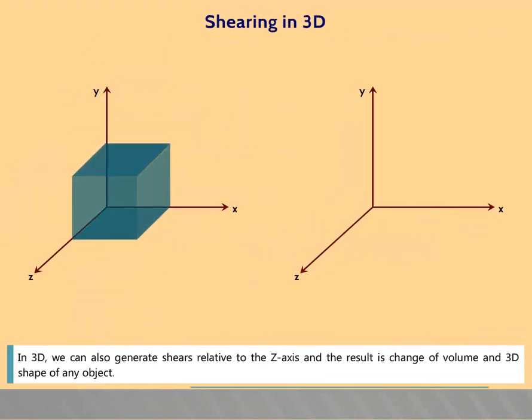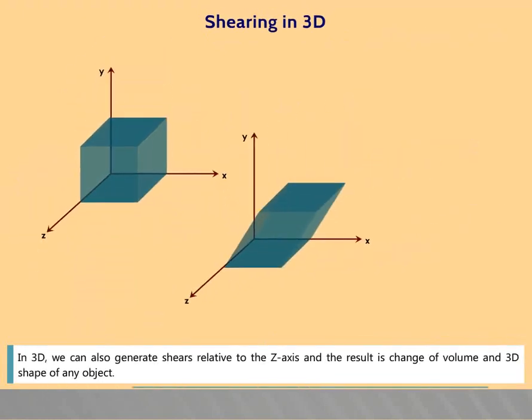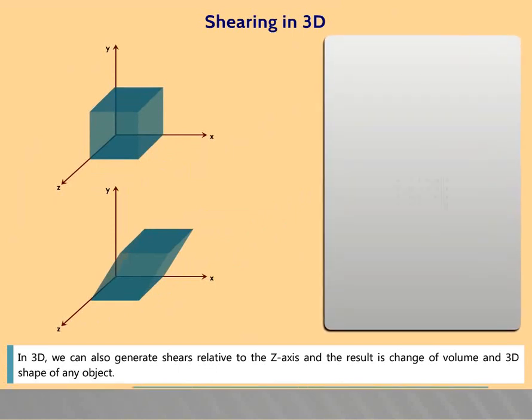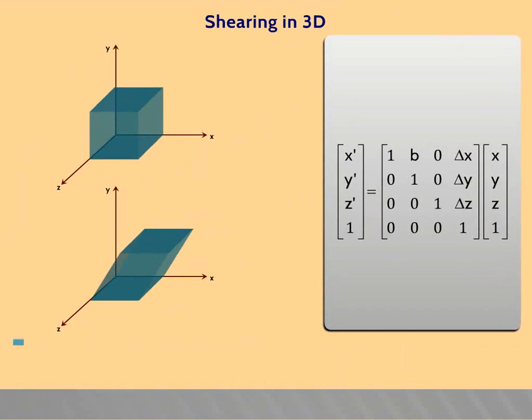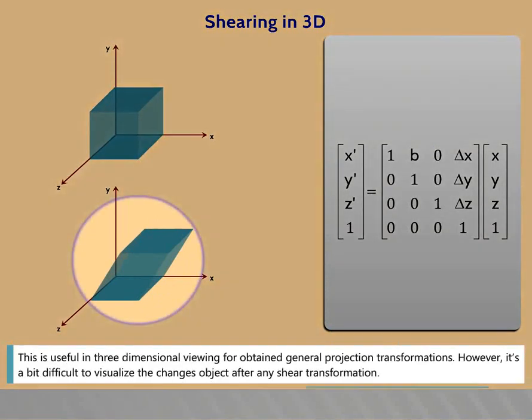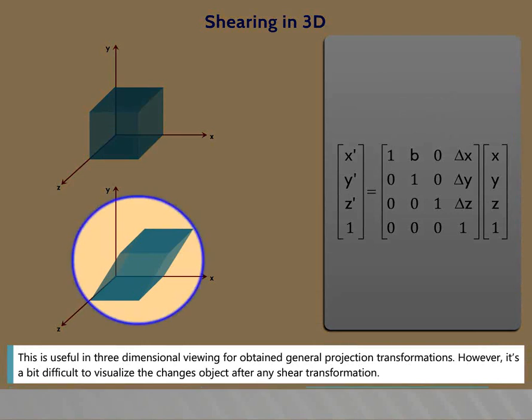In 3D, we can also generate shears relative to the z-axis, and the result is a change of volume and 3D shape of any object. This is useful in three-dimensional viewing for obtaining general projection transformations. However, it is a bit difficult to visualize the changed object after any shear transformation.